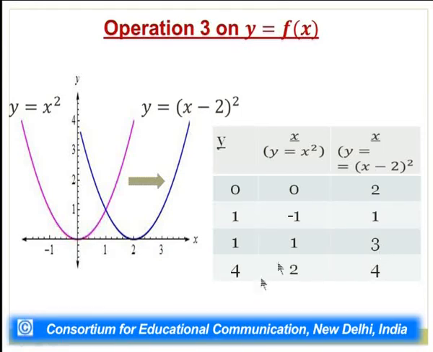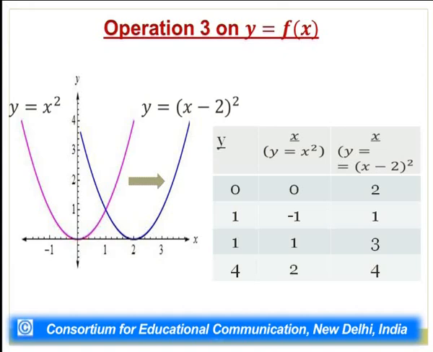And if you take a look at the numbers that we have on this table, all the values of x for the new graph here where my cursor is pointing, those are all 2 more than the values of x for the original graph.